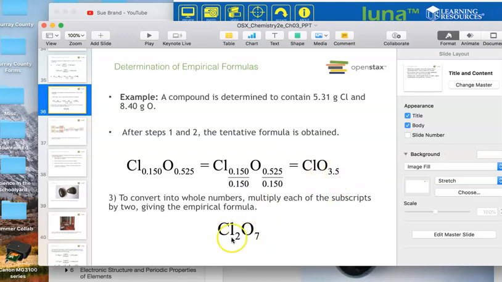And so in this case, I get whole numbers. Now, if 2 didn't work, you would have to try 3. If 3 didn't work, you would have to try 4, and so on. In this case, multiplying by 2 works, but if it didn't, then you'd have to keep going until you got to a point where you had whole numbers, and that's when you would stop, and those would be the numbers you would use for your subscripts, whatever those numbers happen to be.